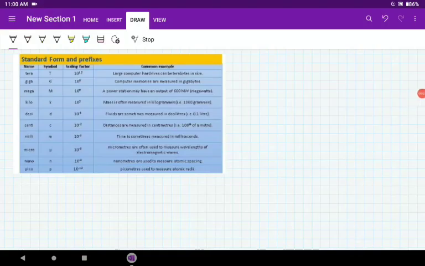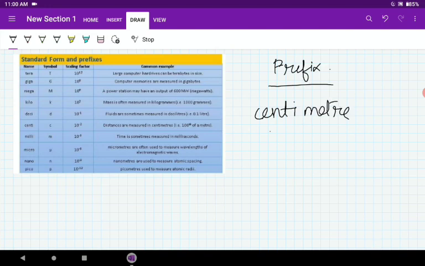So the next thing which we will be covering are the prefixes. Now what is a prefix? In order to understand that, you can very well see that we have discussed earlier centimeter, kilogram, milligram.